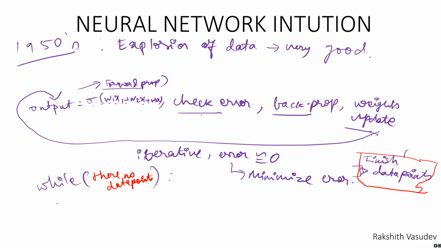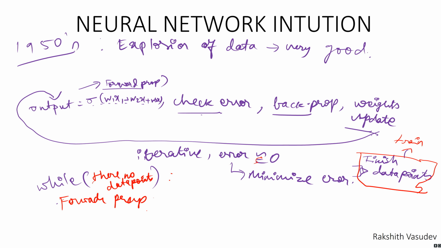Finish data points means you finish the train. You first train the neural network, and how do you do that? As long as there are data points, you do forward propagation. Basically a forward prop.